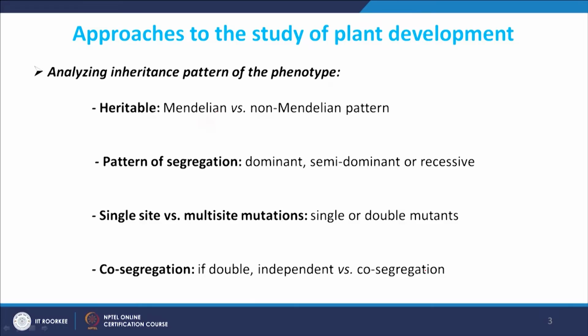If the mutants are heritable in a fashion that can be explained by the Mendelian laws, fine; if not, that kind of inheritance is non-Mendelian inheritance. We will be interested in Mendelian inheritance, which makes our life easy when studying plant developmental biology.